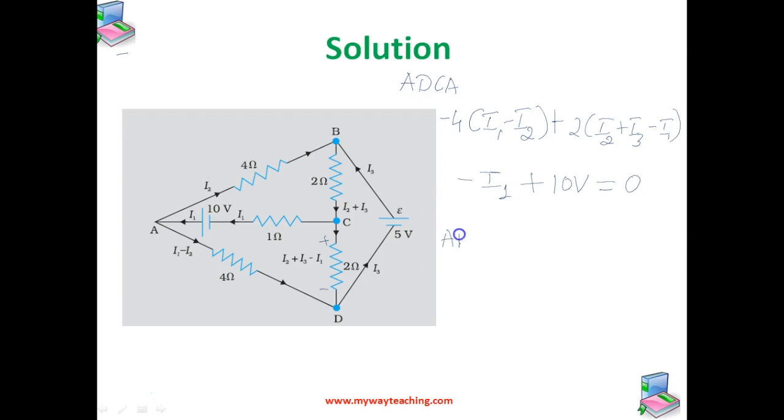Now if you consider the closed loop ABCA, we are moving like this. So again first is minus 4 I2, minus 2 into I2 plus I3 minus I1, plus 10 is equal to 0.